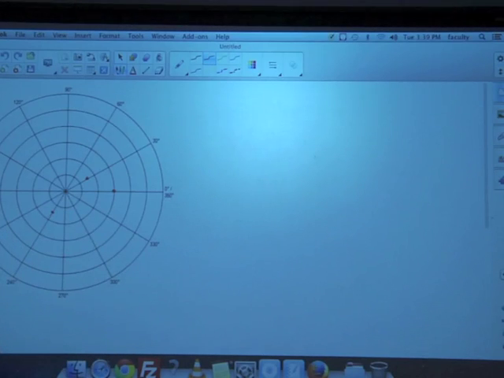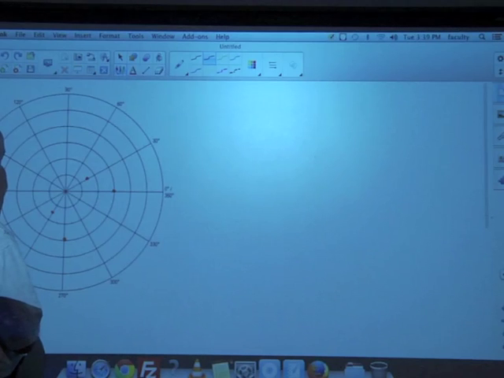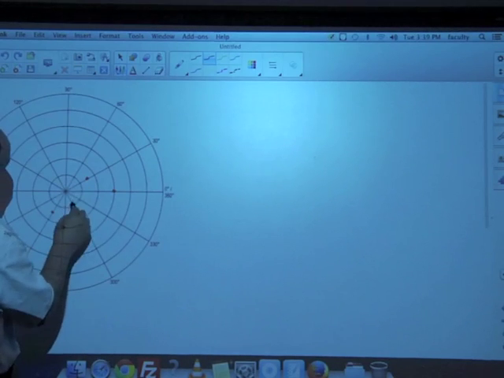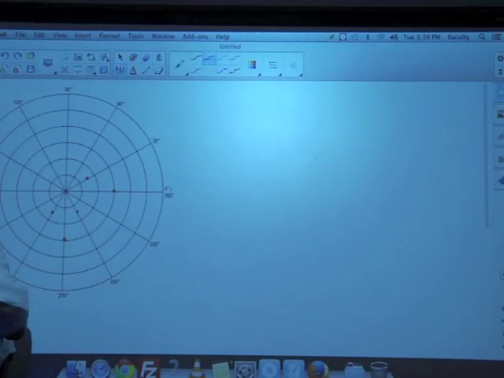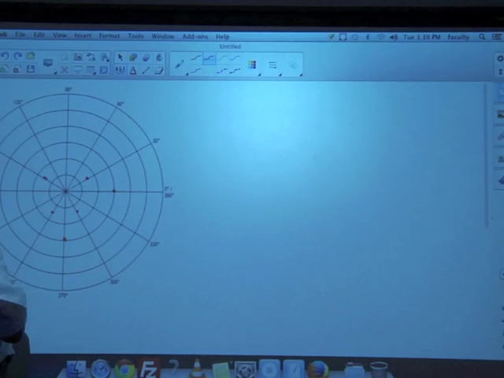Next one, 90, negative 3. 1, 2, 3 down here. 120, negative 1.5. So here. 150, 1.5. 180, 3.